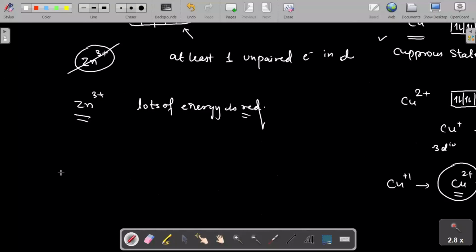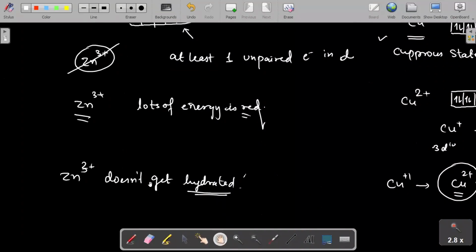The zinc +3 ion does not get hydrated by water. Hence the hydration enthalpy is not released, and we cannot get Zn +3. Fine.